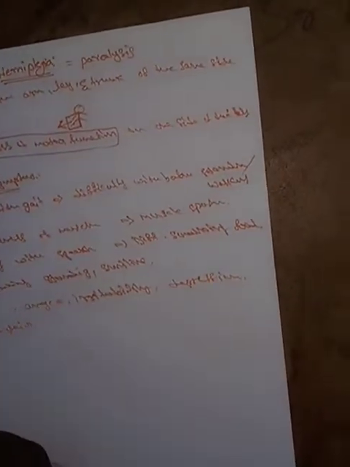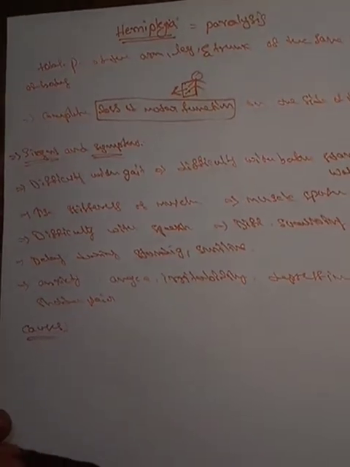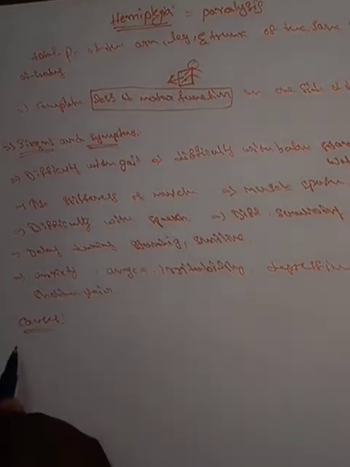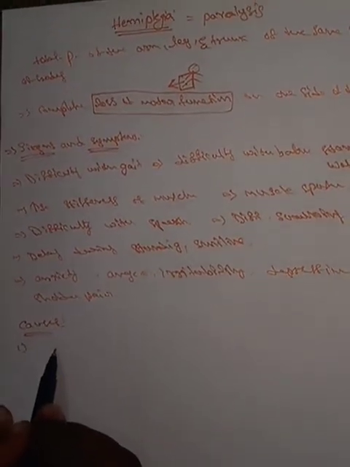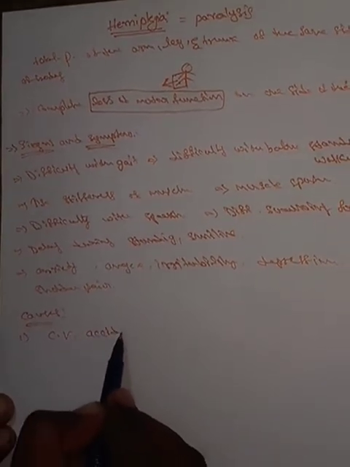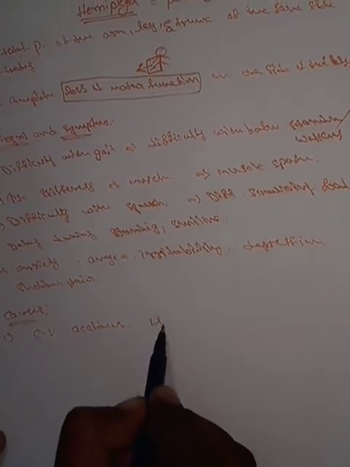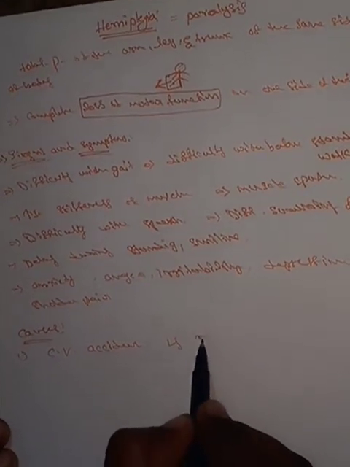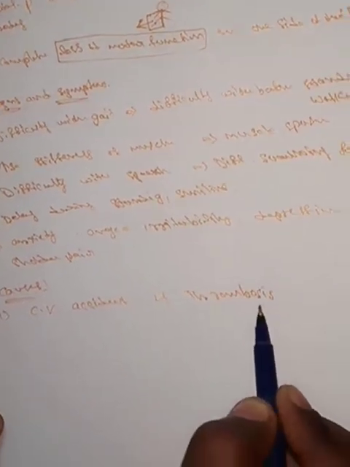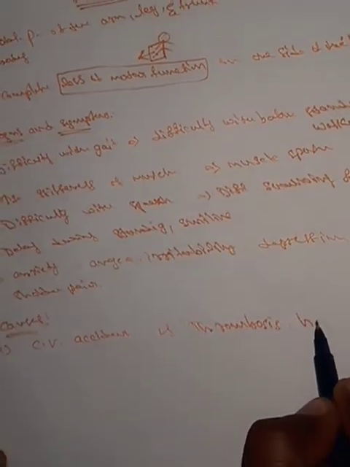The next one, what are the causes? The first one is cerebrovascular accident. Number two is thrombosis, and the next one, hemorrhage.